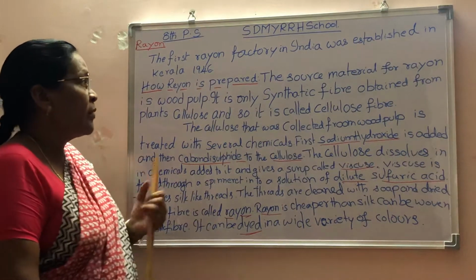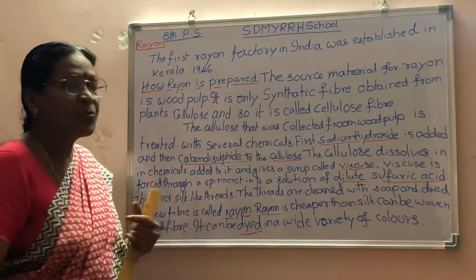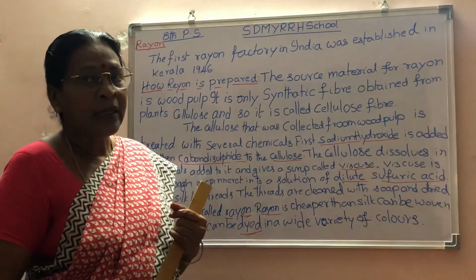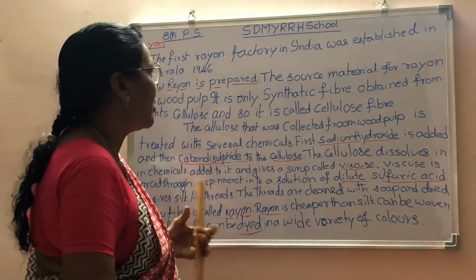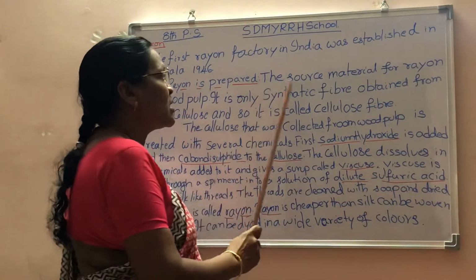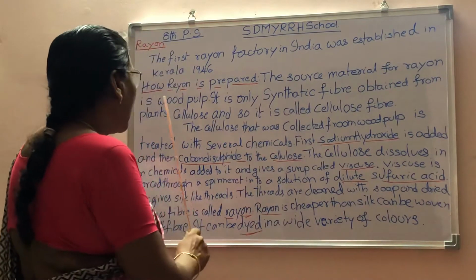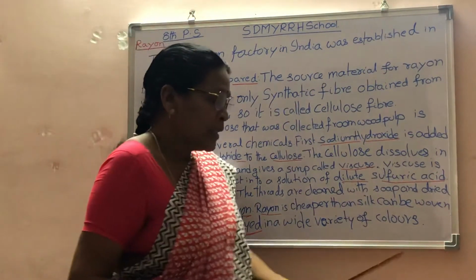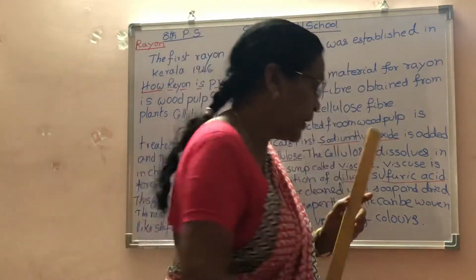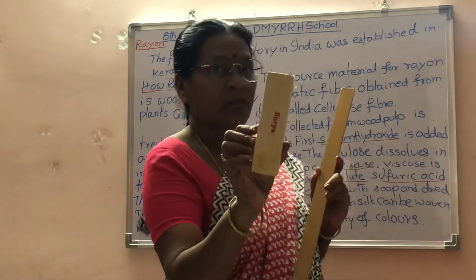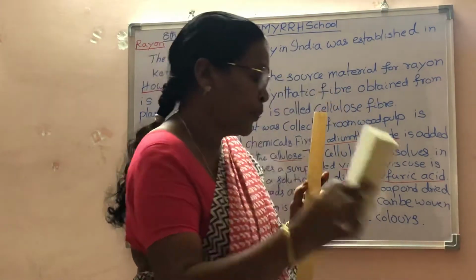Now see how rayon is prepared. Rayon is a fiber. It looks like silk. How is it prepared? The source material for rayon is wood pulp. See, this is wood, and this one is also another wood.